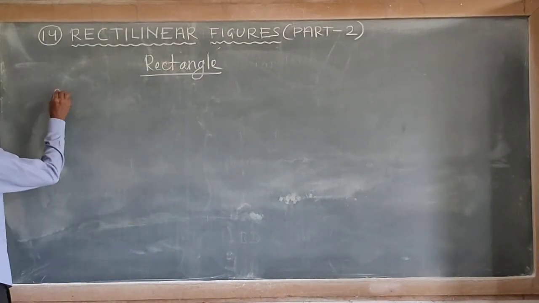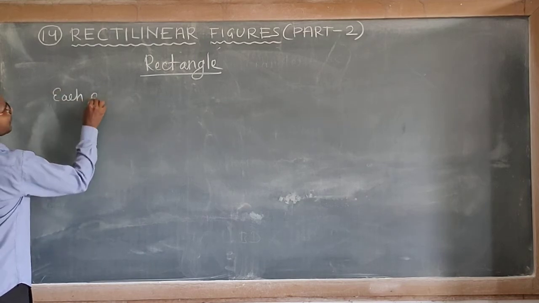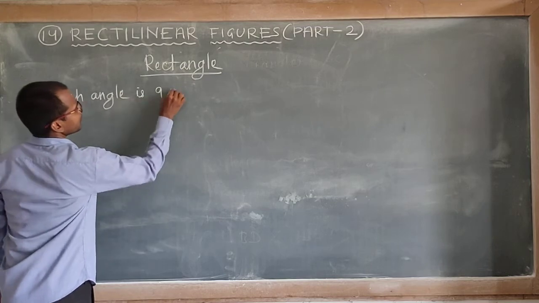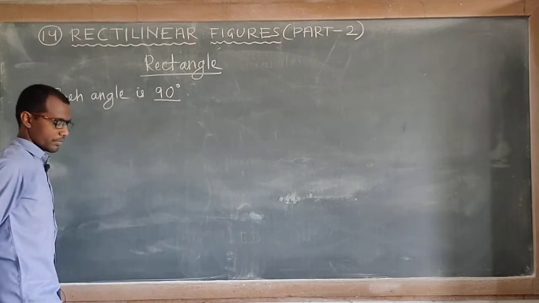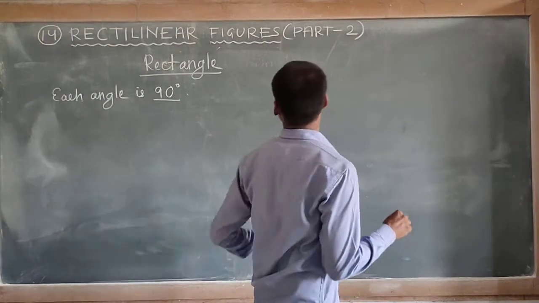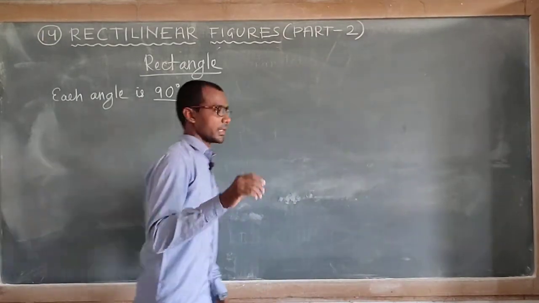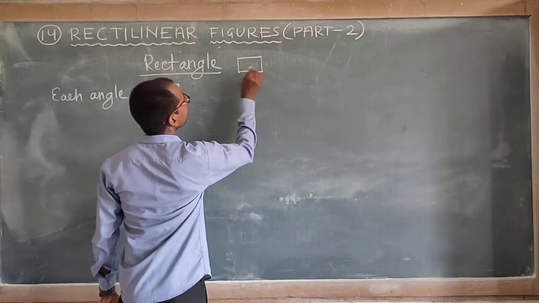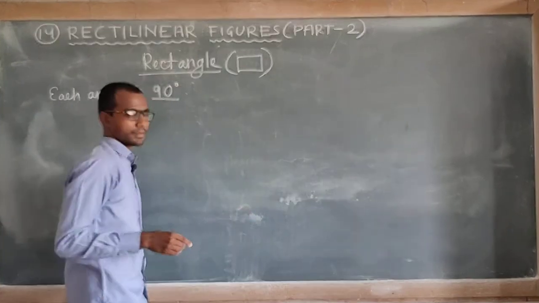Each angle is 90 degree. Remember the definition. Each angle is 90 degree, then it is a rectangle. The other way to represent rectangle is, give a rectangle sign.